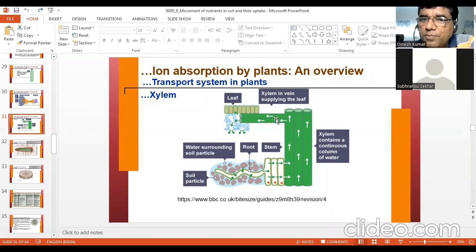This side also may be petiole, maybe branch, and so on. So xylem in the vein supplies the leaf with water. This is simplified, and almost similar movement and uptake will happen for the nutrients, because nutrients will also follow the xylem for their distribution in the plant.